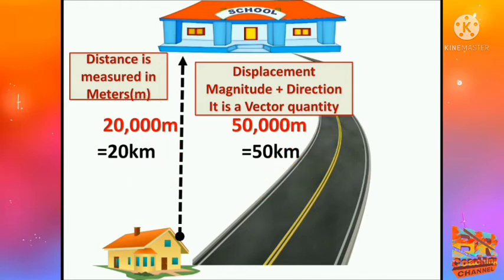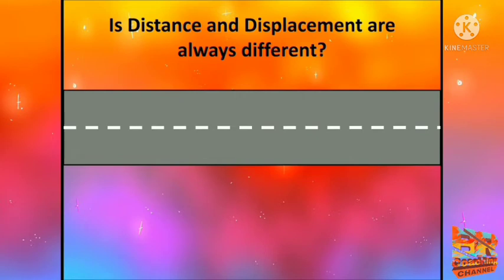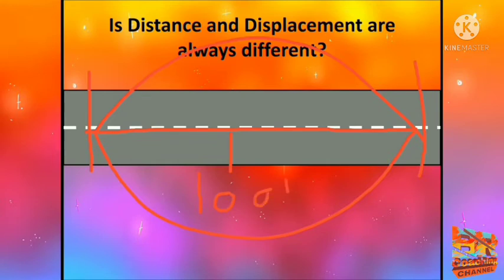Okay now my dear children, I hope you understood what distance and displacement are. See, are distance and displacement always different? Yes, based on conditions. In a straight line motion, the distance and displacement are the same. They are equal, my dear children.